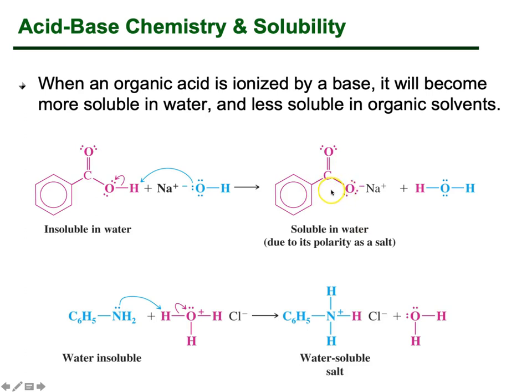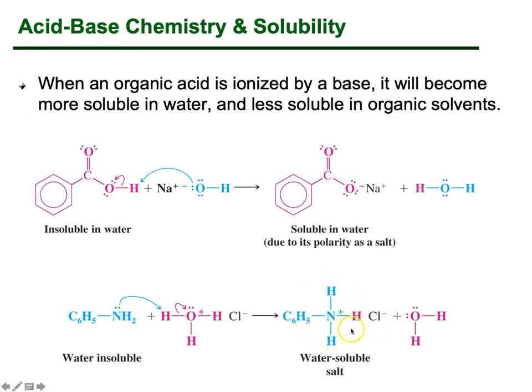And so this is a very useful way to separate various compounds in a reaction mixture based on their acid-base properties. And so if you were to look at the aniline compound down here, that's a benzene ring attached to an NH2 group, the amine group, well, this compound is water insoluble, but the amine group can become protonated by an acid like HCl, and then it becomes a water soluble salt as the amine hydrochloride.